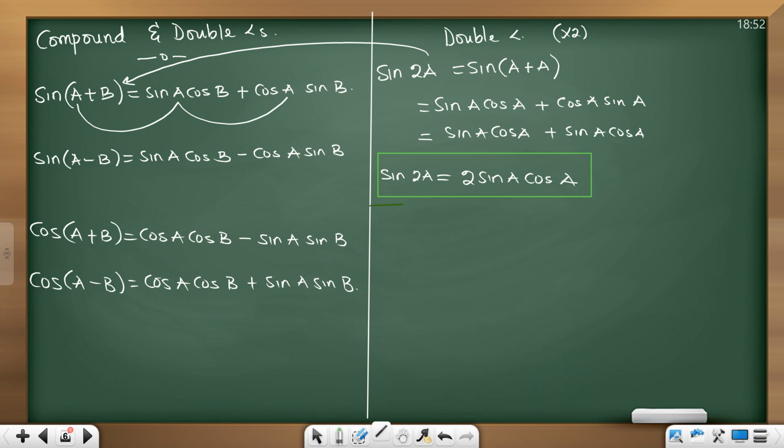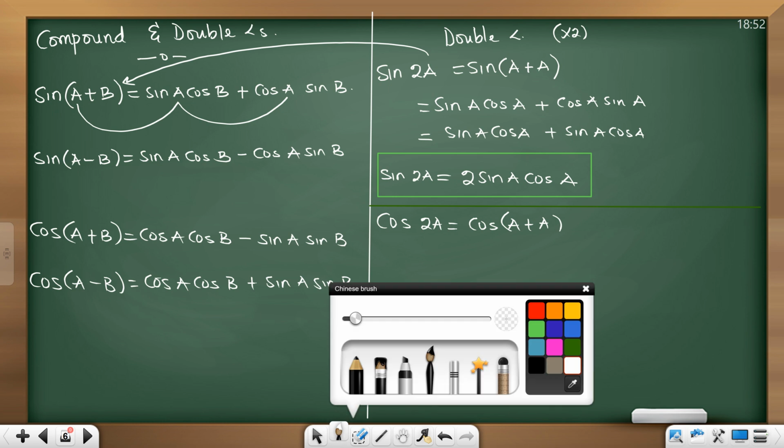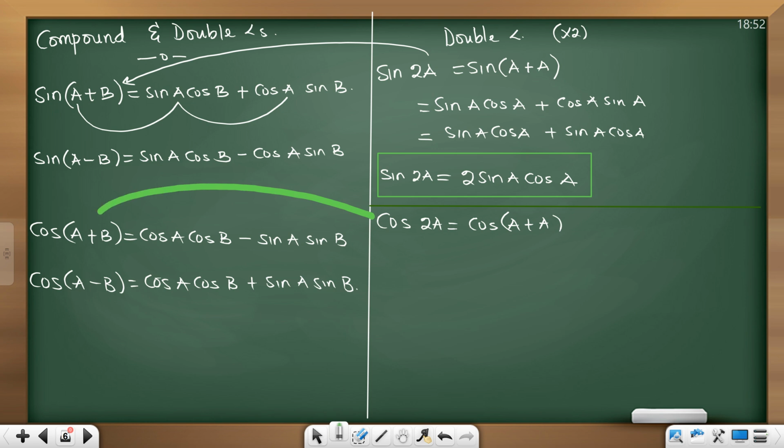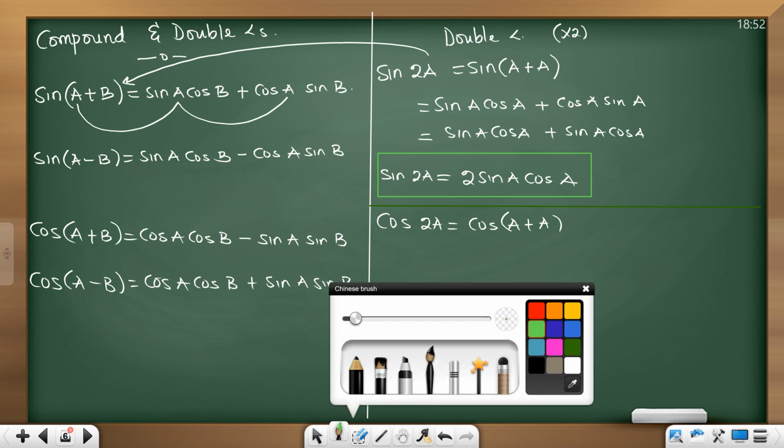Awesome. What about cos 2A? What do you think? It's the same thing as saying cos (A + A). Which one are we using now? We are now using this one, because it is A plus B, but this is A plus A. Anywhere we see B, we make it A. So what is this going to give us?